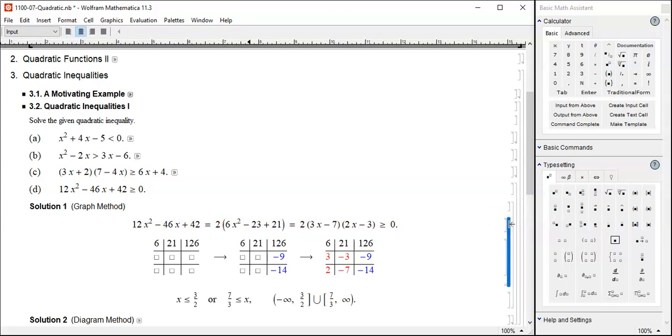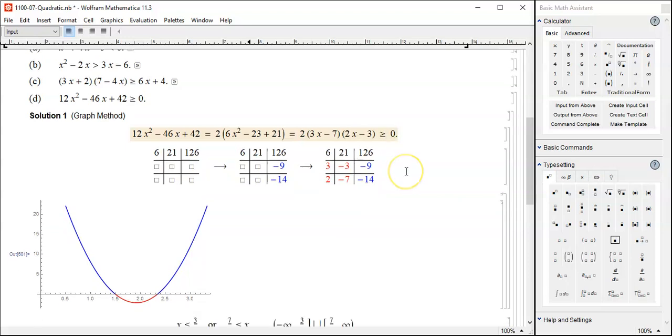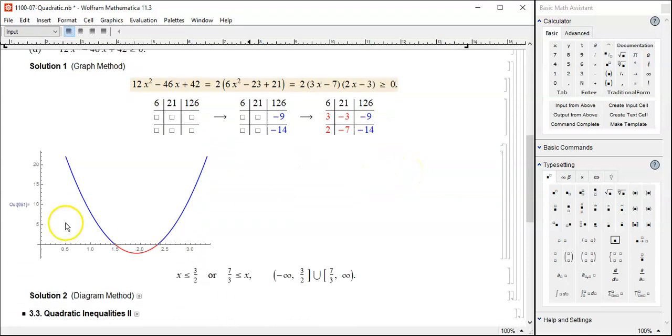If you prefer some other method, not the tic-tac-toe method, that's fine. Use whatever method you like. In any case, this thing is greater than or equal to 0, so graph it. I want y-coordinate values greater than or equal to 0 here in the left and here in the right. So this interval or that interval put together.